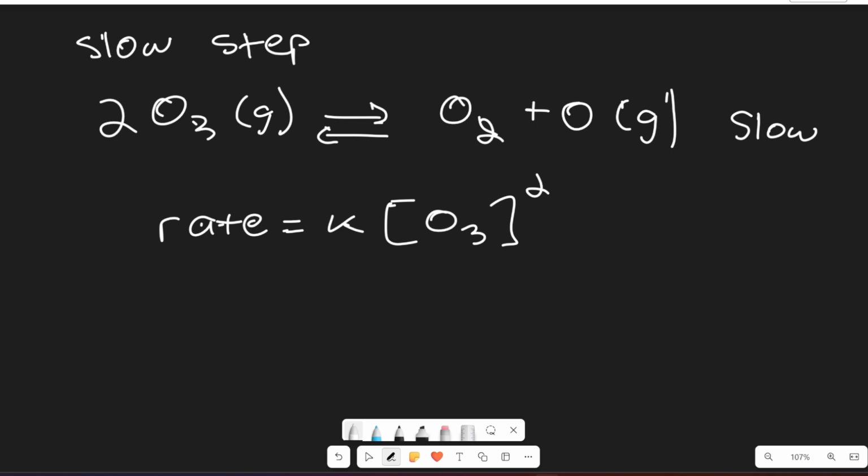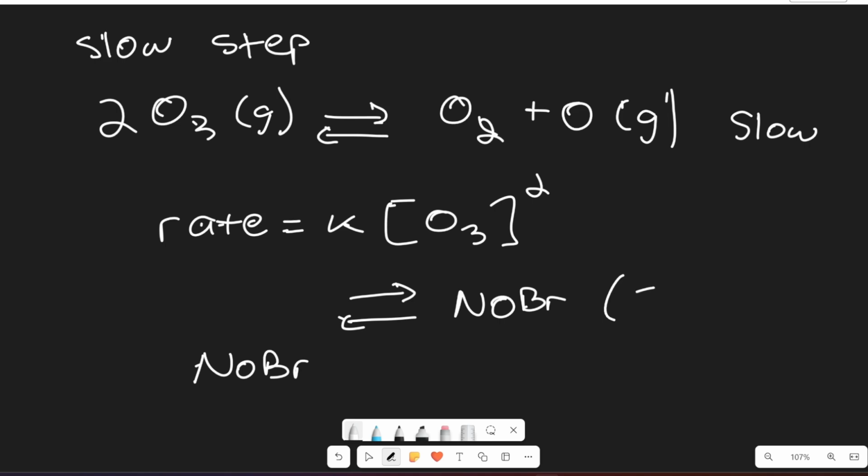And occasionally you'll find, let's say I have a reaction here, and let's say the product of this reaction is, I don't know, NOBr, something like that. And then we use NOBr over here on this side, and let's say this is the fast step. So essentially this is not our rate determining step. Let's say this is the slow step.